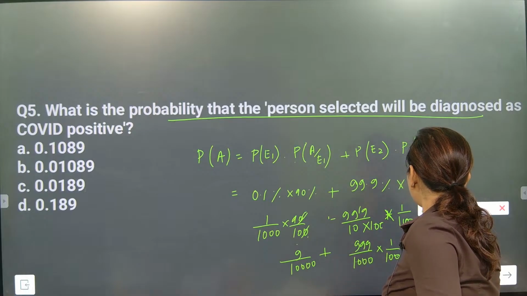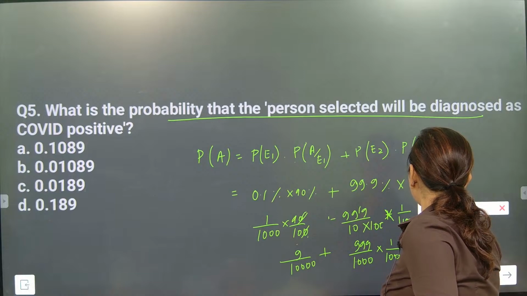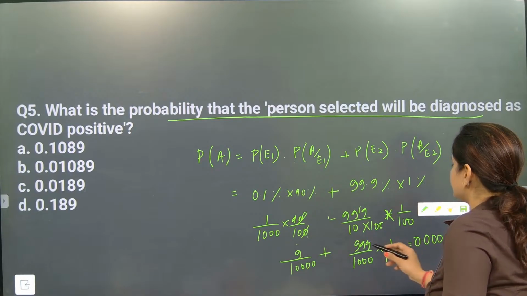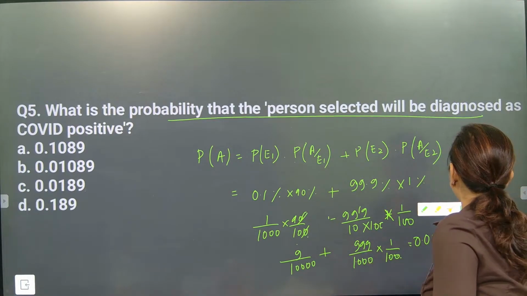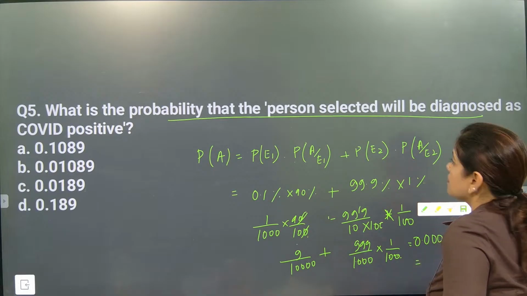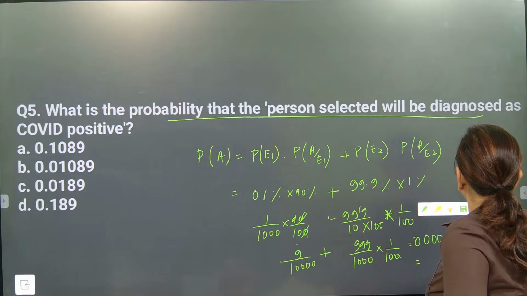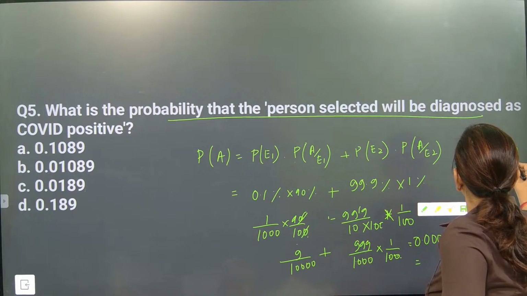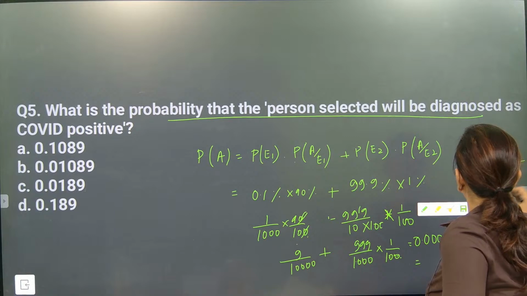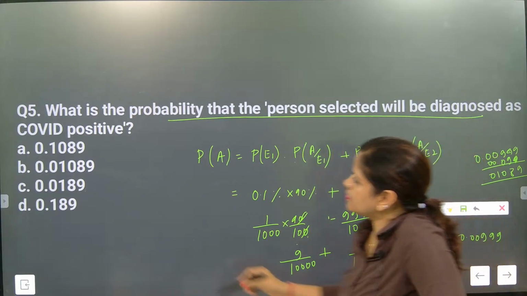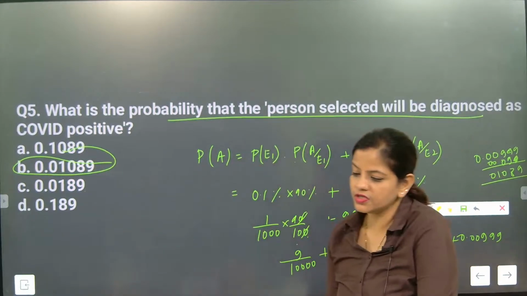So it is coming 90009 plus 1089, 0.1089. B is the answer.